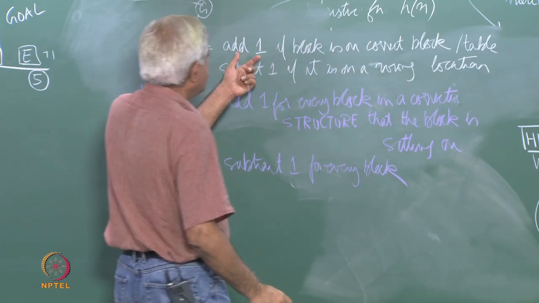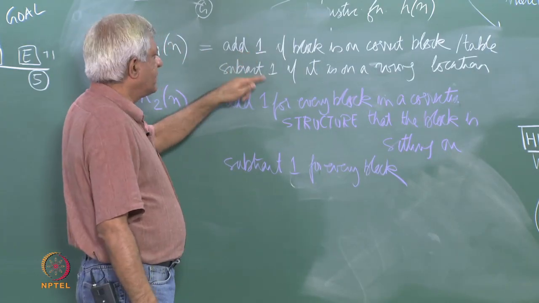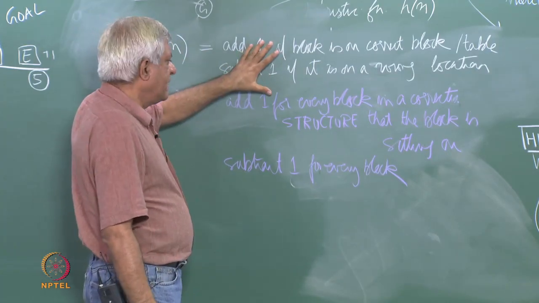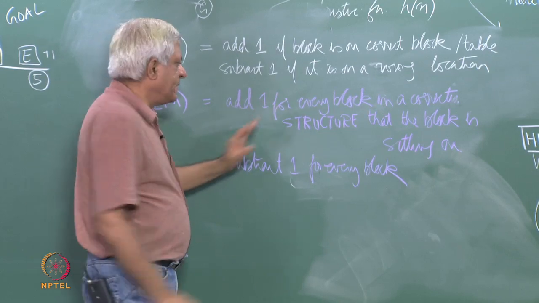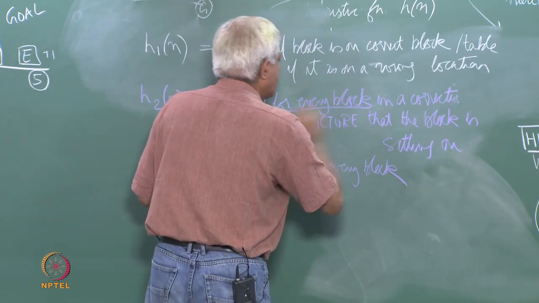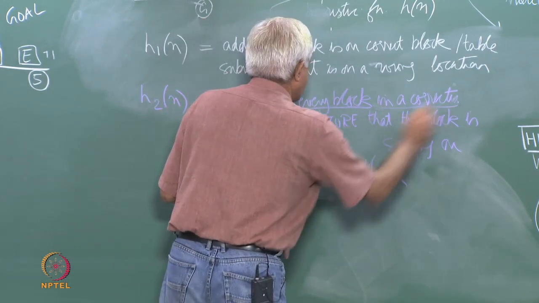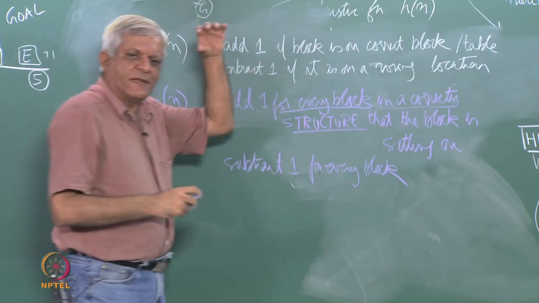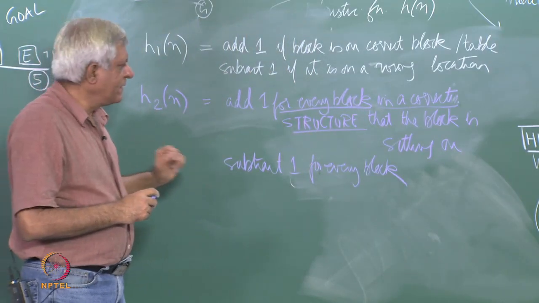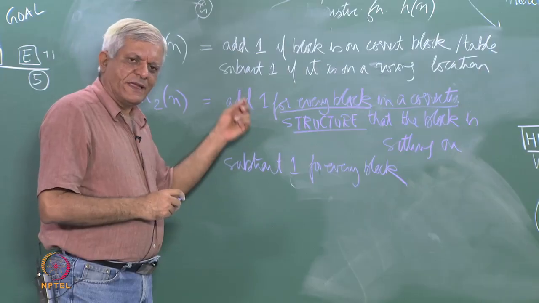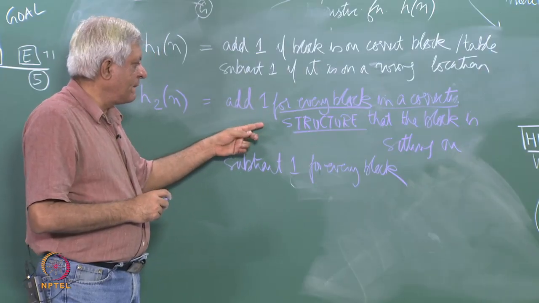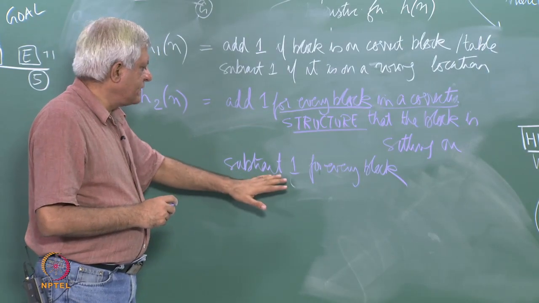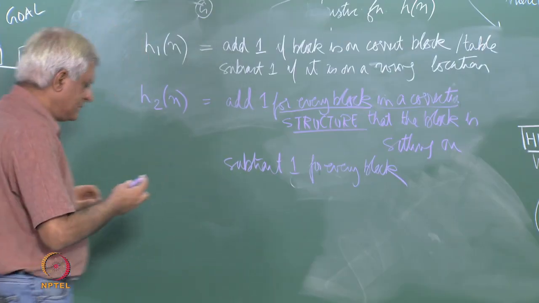The difference is that in the first function you are adding either 1 or subtracting 1, but in this one you may add up many things. If the entire structure below the block is correct, then for every element in the structure you will add 1. If it is a wrong structure, for every element you will subtract 1 essentially.